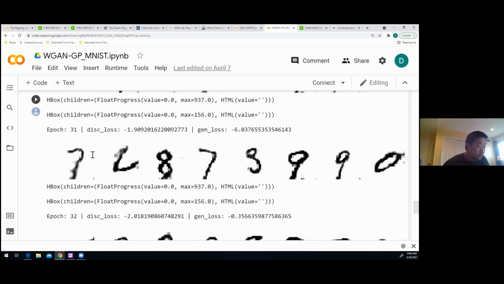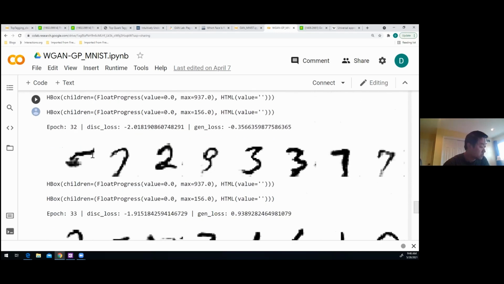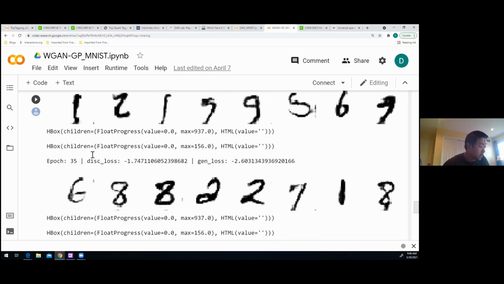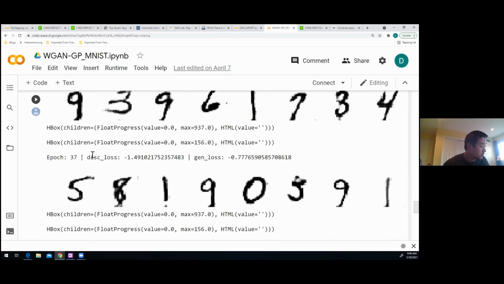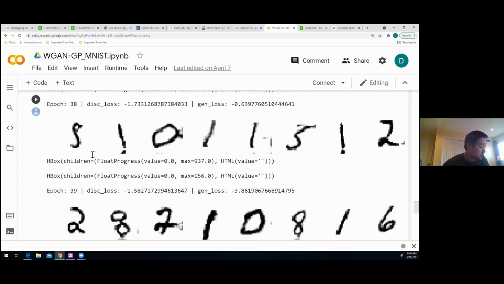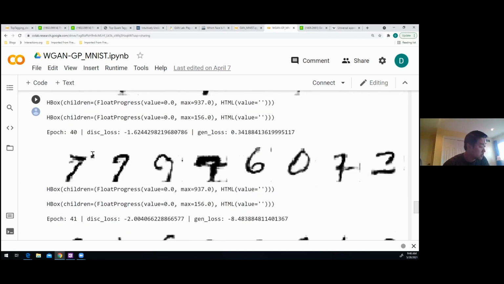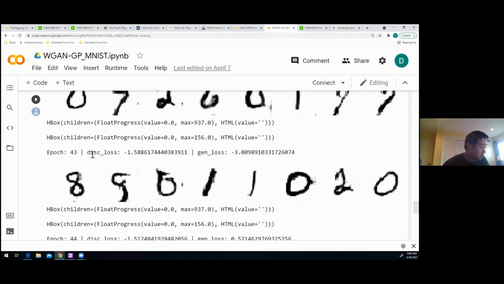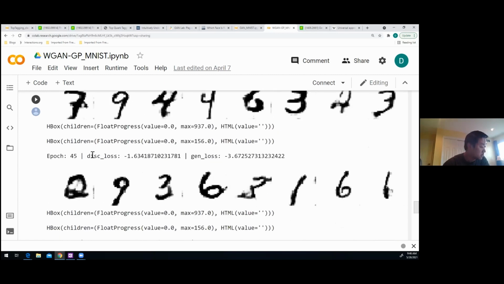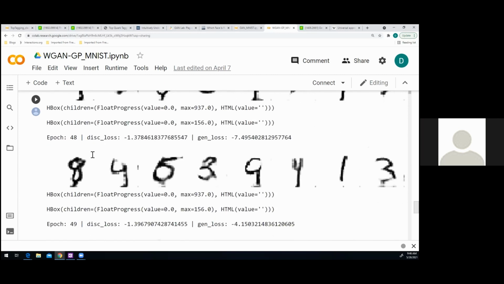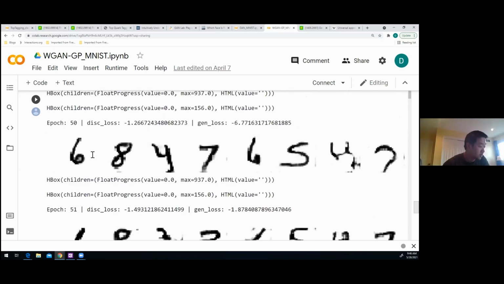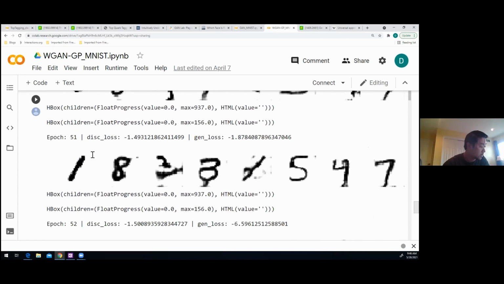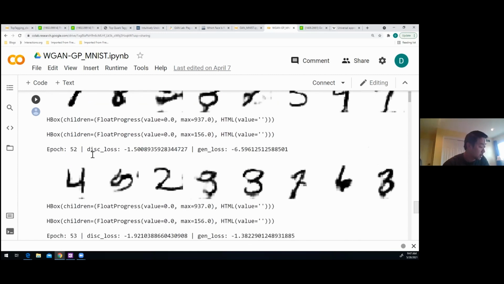What do you think? How is our Wasserstein-GAN doing? Better, worse, the same? Clearly better. Yeah, I think it's clearly better, right? Still not perfect, but not like those faces, and clearly better.